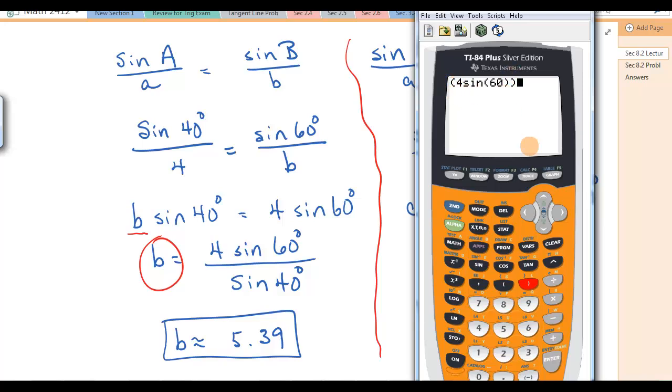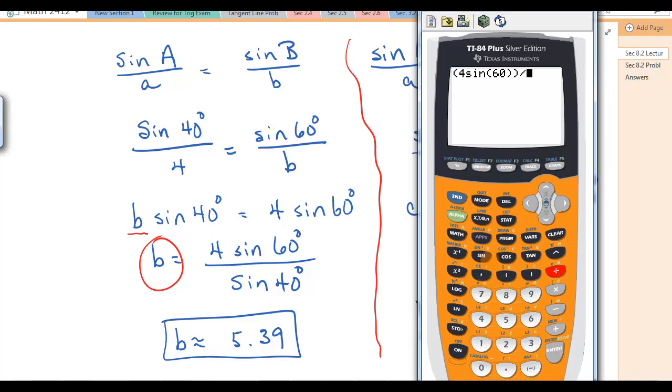Divided by sine of 40. Now, if there had been a number in front of this sine, I would have used another parenthesis around the whole thing, but I didn't really have to right there. We'll hit enter, and we should get 5.3, and we are rounding to 2 places.